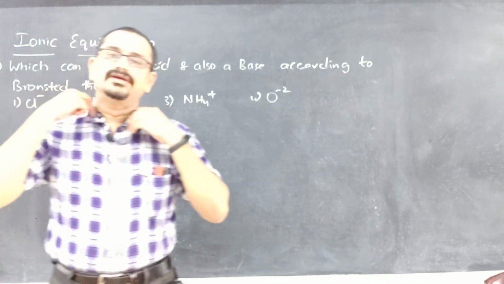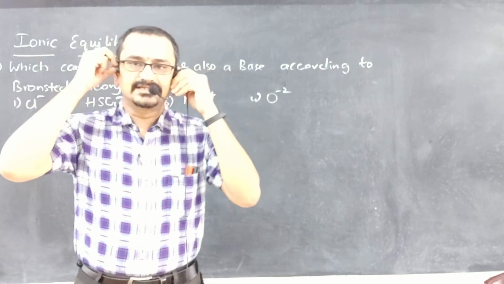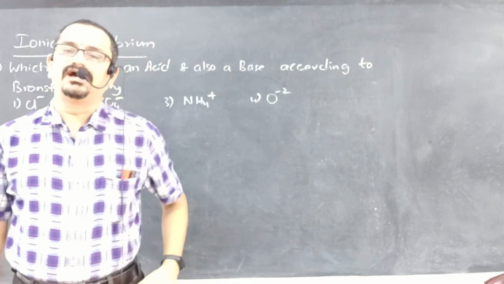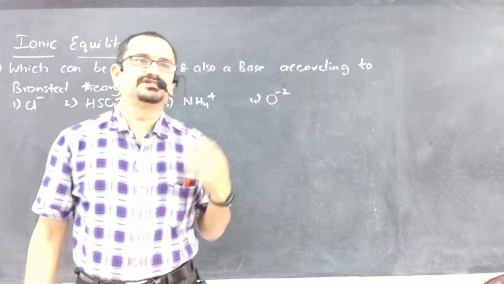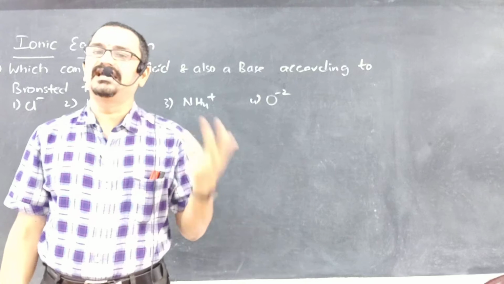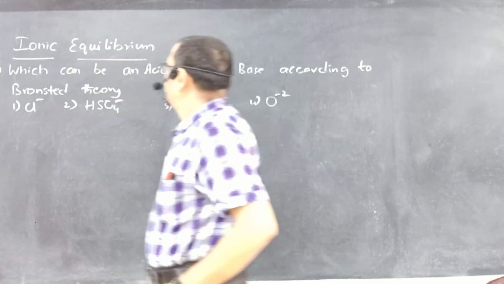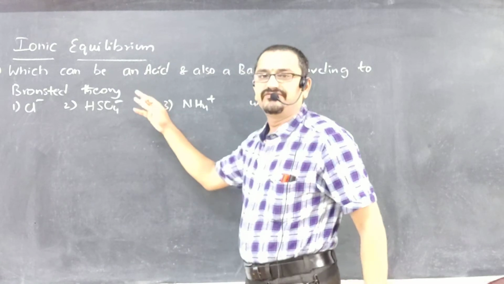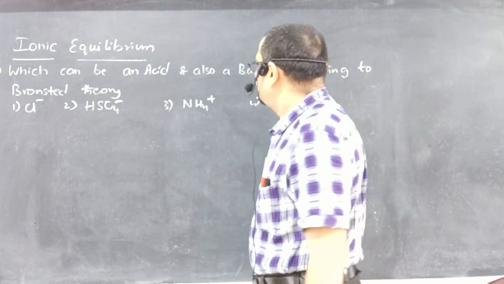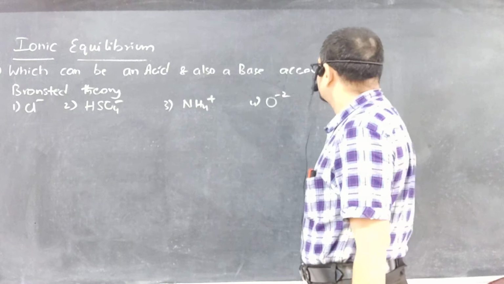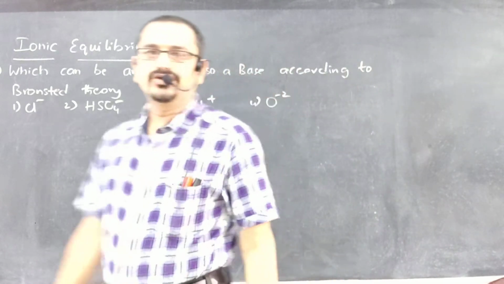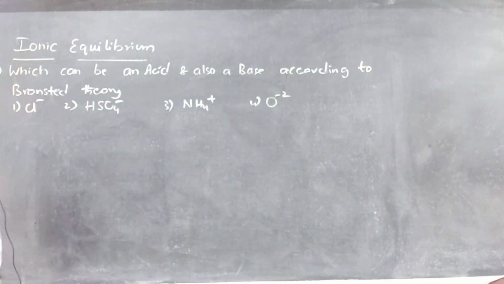Hello students, in this session we will discuss some numericals from ionic equilibrium, which is also termed as acids and bases. Now this is the first question for us. Which can be an acid and also a base according to Bronsted-Lowry theory?